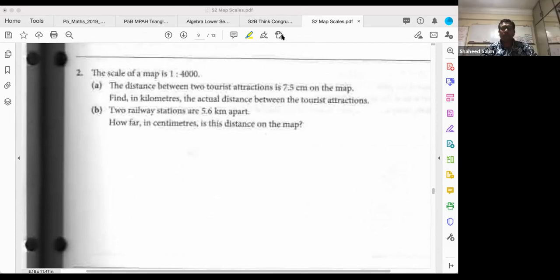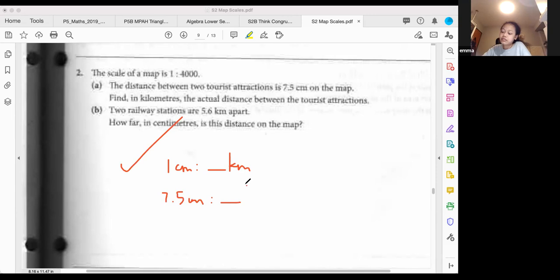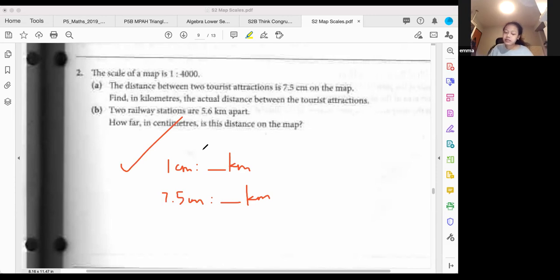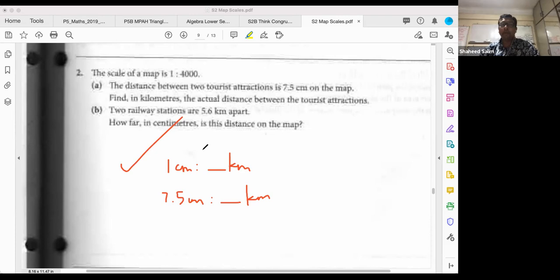So basically, you need to know what is 1 cm to how many km, and then you want to find what is this. So you need to get to this ratio first. 30,000 cm. How do I get from cm? Okay, why don't we change this to km first?